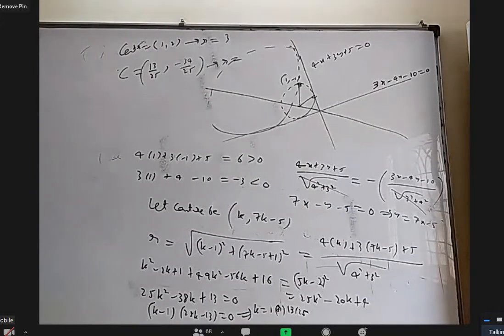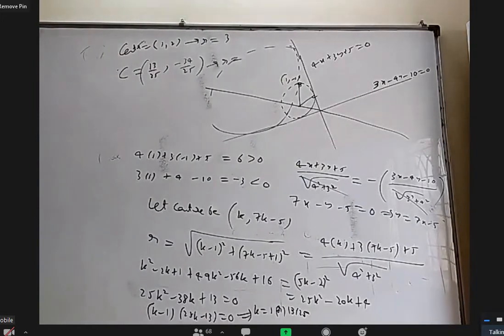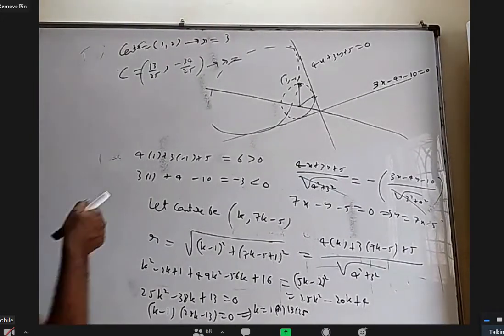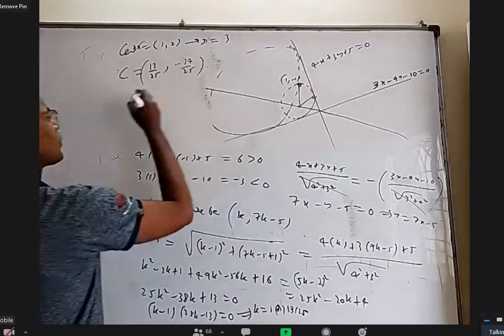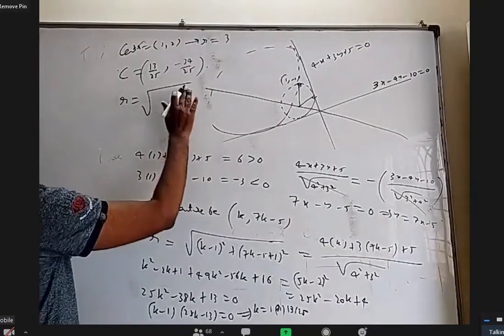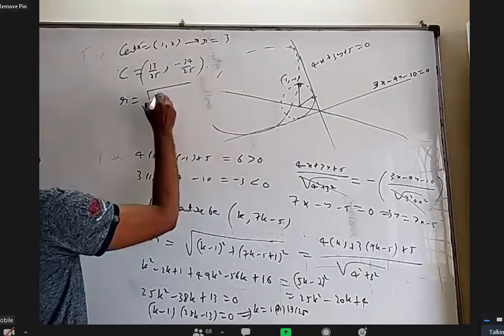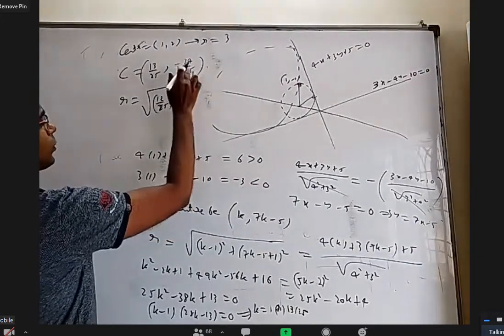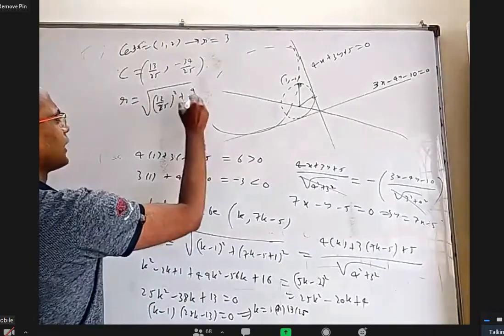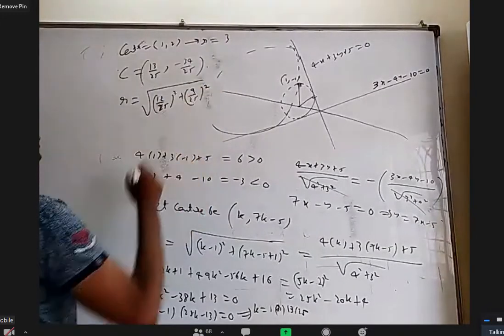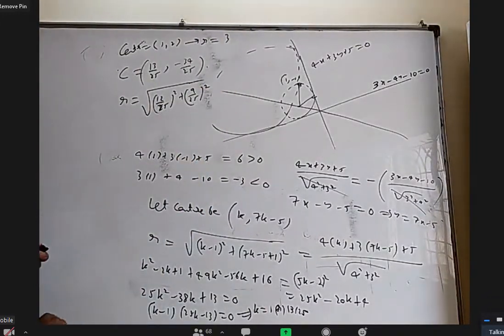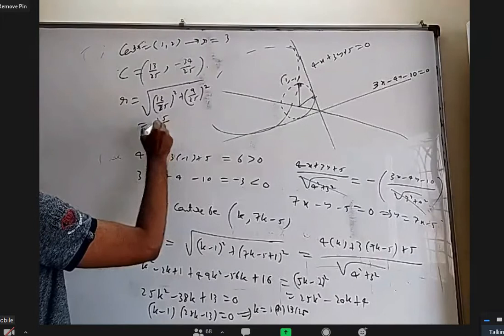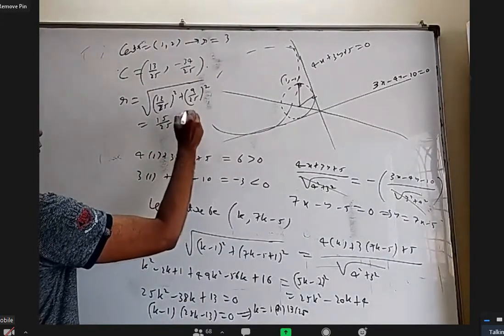The other one is (13 by 25, minus 34 by 25). That's good. Okay, the radius you can find: root of (13 by 25 minus 1, means 12 by 25) whole square, plus (1 means 9 by 25). This will be 3 into 4, 15 by 25. This is 3 by 4.